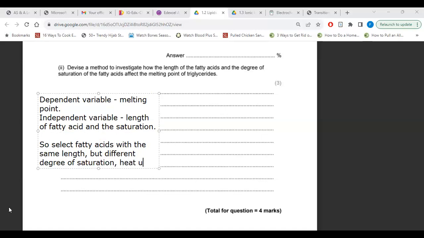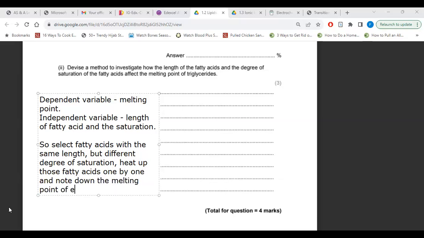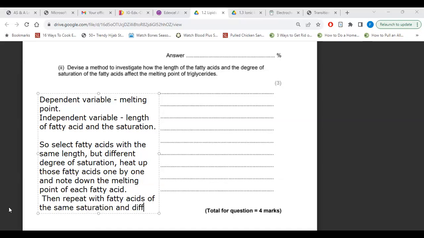Heat up those fatty acids one by one and note down the melting point of each fatty acid. Then we'll repeat it, but with same saturation and different length. Then repeat with fatty acids of the same saturation and different length.